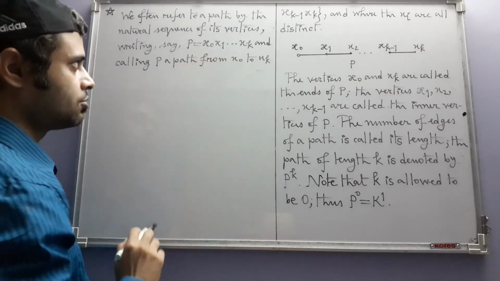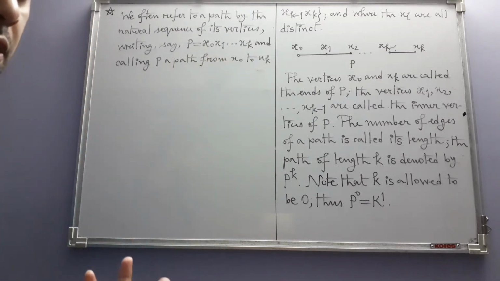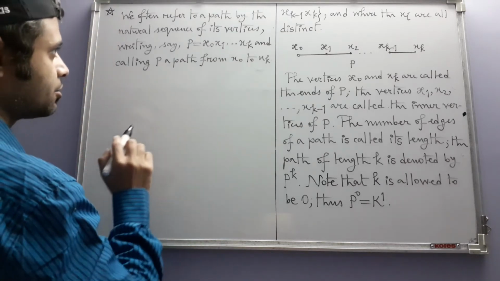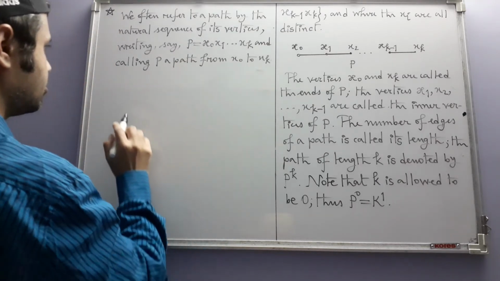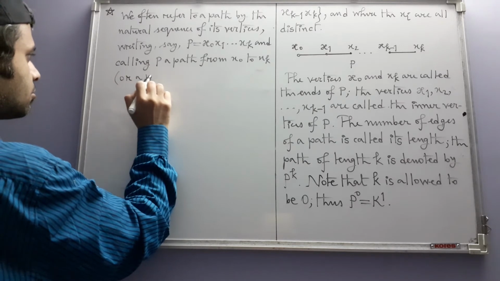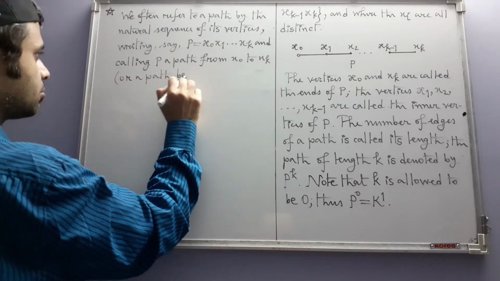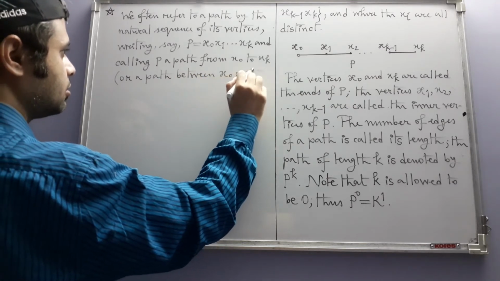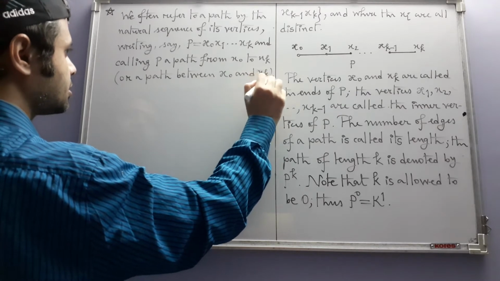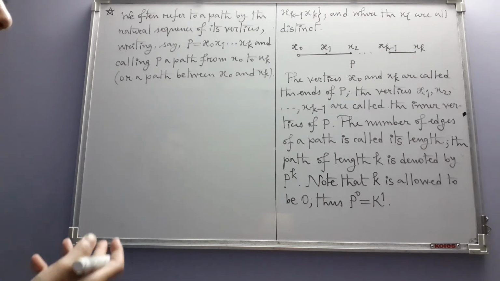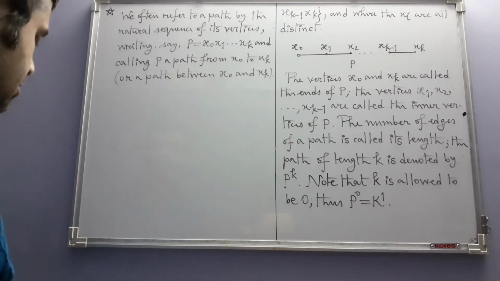Like that, x1 and x2 are adjacent here, so x1x2 is an edge in the path. So this is the notation. We also call this a path from x0 to xk, or a path between x0 and xk. These terminologies are quite natural because it's like a path between two places, or a path from this place to another place.